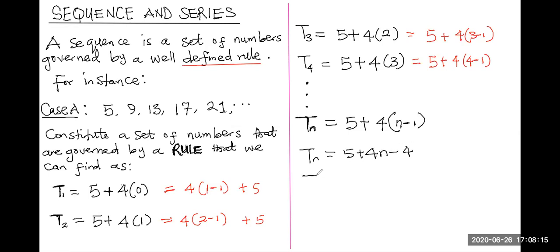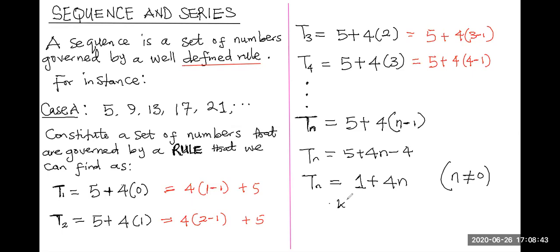And 5 minus 4 is 1. So we have 1 plus 4n representing the family formula, where n is not equal to 0. So this is now the rule that is applicable to this set of numbers in case A, where, for instance, when your n is equal to 2, you can check.